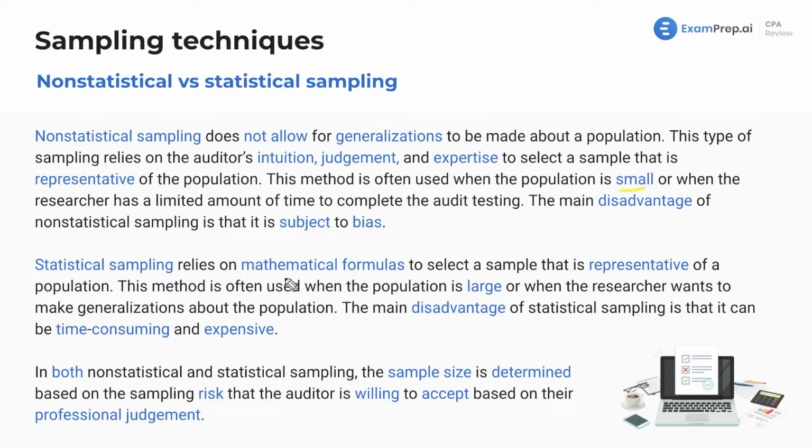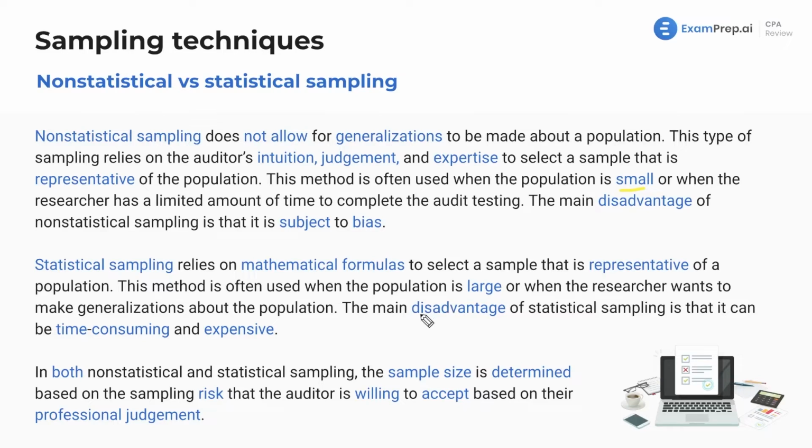Now, stat sampling, as I've alluded to, relies on mathematical formulas to select a sample that's representative of the population. When you've got a large population, such as tens of thousands of expense entries, you're going to definitely want to use statistical sampling. The disadvantage here is that it can be time-consuming and expensive. Now, with Excel and our wonderful tools in the accounting world, that can definitely be cut down on.